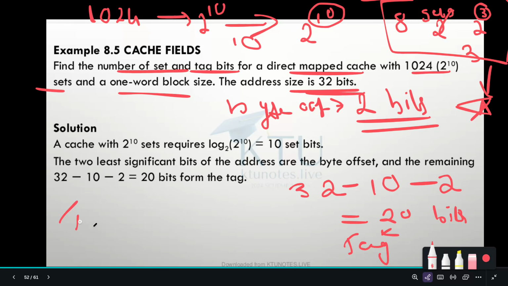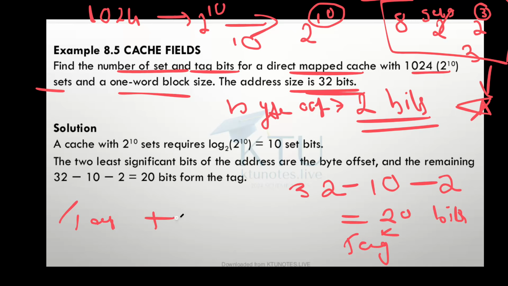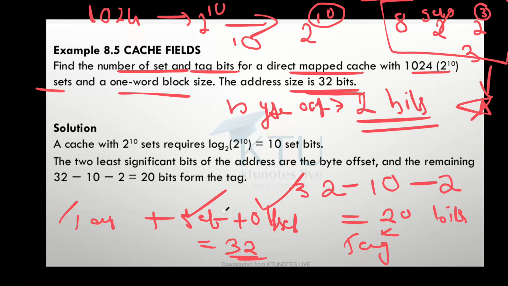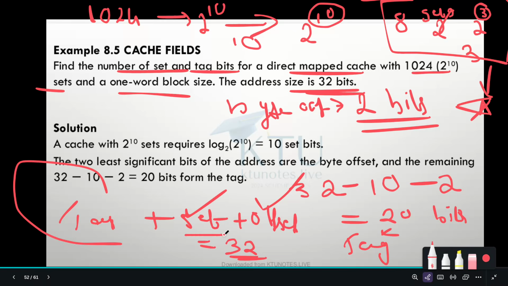Because we know tag, set plus offset bits together give us the total 32 bits, that is the address size. So if we have set as 10 and offset as 2, we can easily find our tag bits by subtracting from 32.